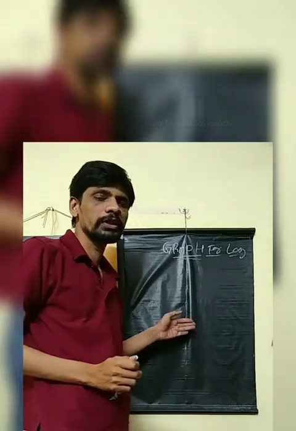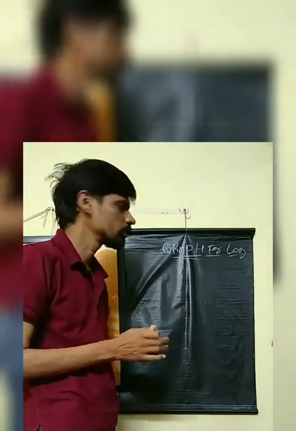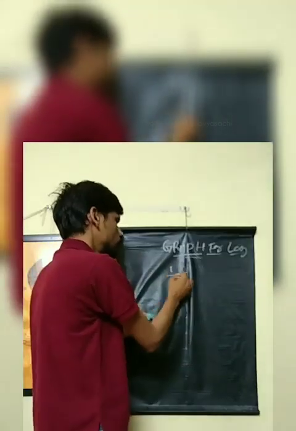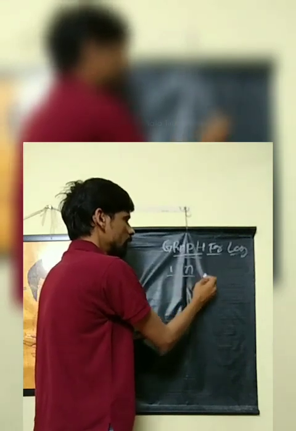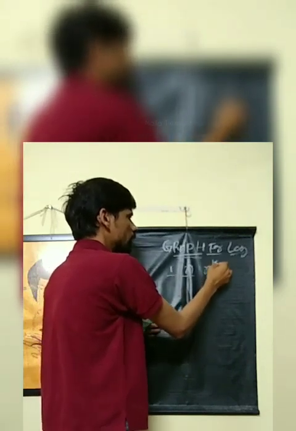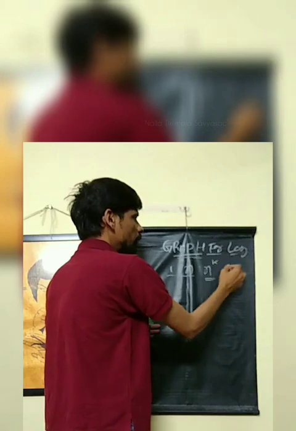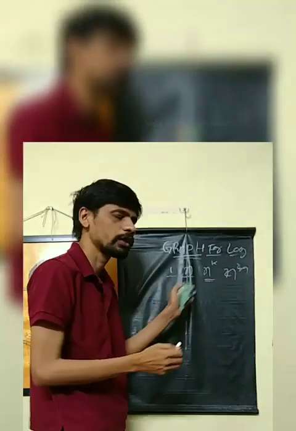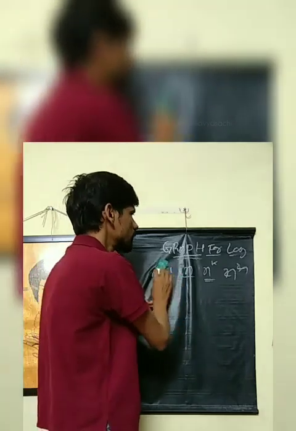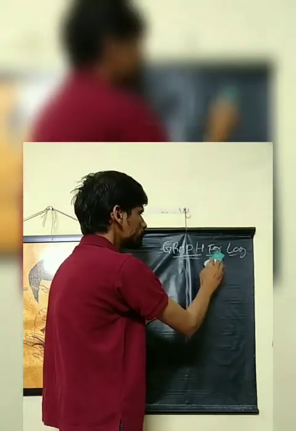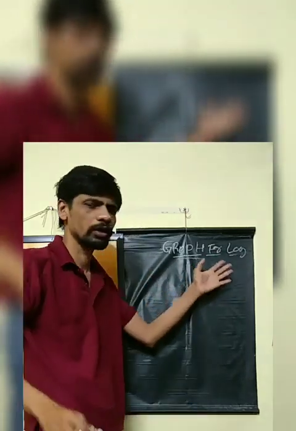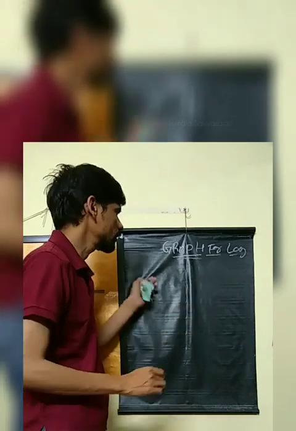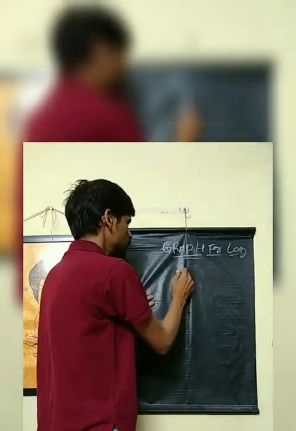Previously we did that for constant, n power k, and n power n, so we have seen those kinds of graphs. Now we will see how to draw a graph for a logarithmic function.